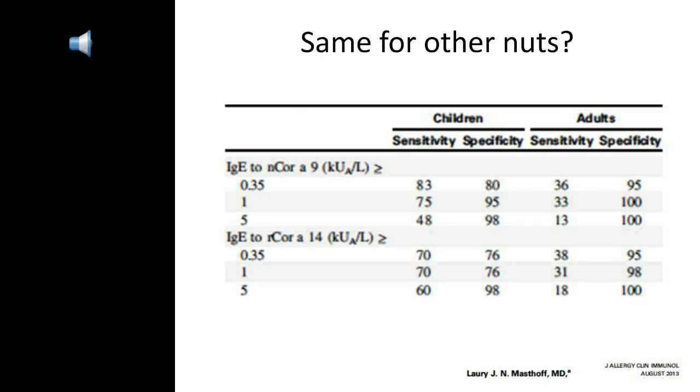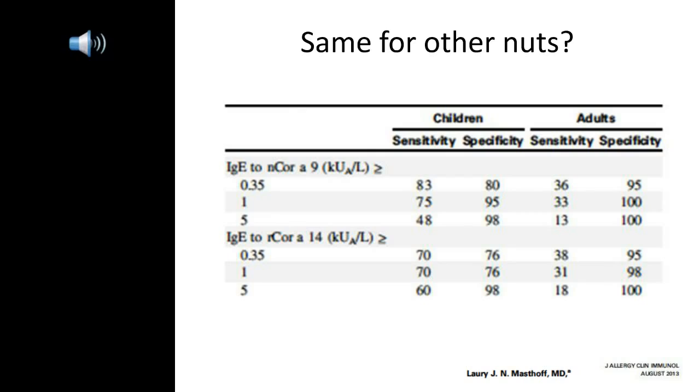So, for instance, in this nut study, if we look at the 95% specificity for Cor a 14, a hazelnut component, this only has a 31% sensitivity. In other words, 70% of people will still react below the cutoff. And this is very similar for the other allergen. At 95% specificity, again the sensitivity is low.